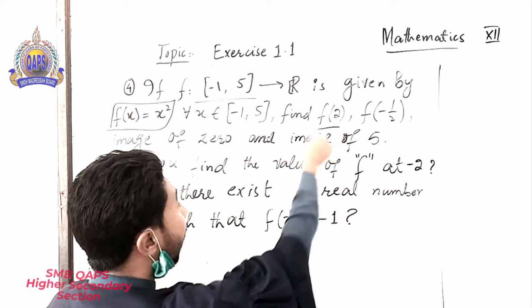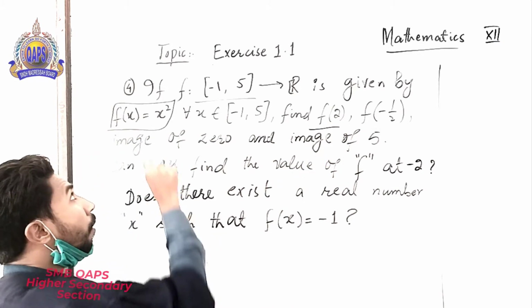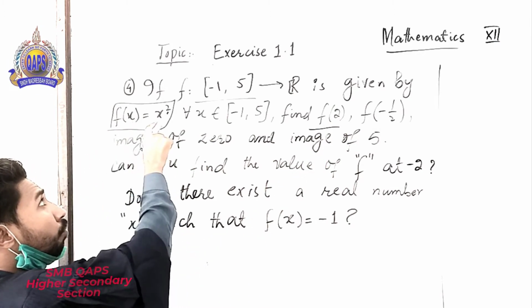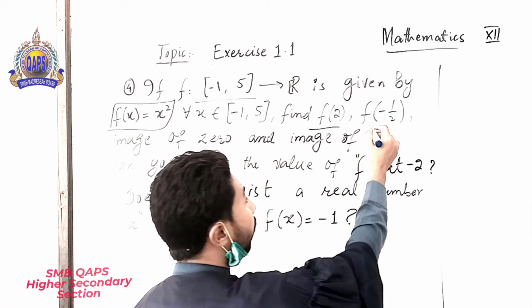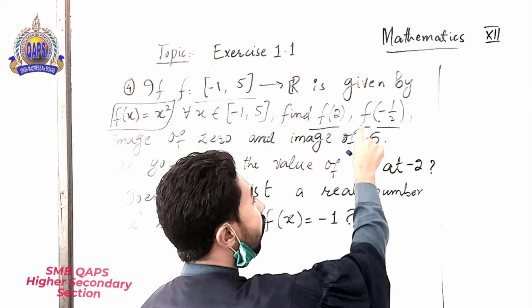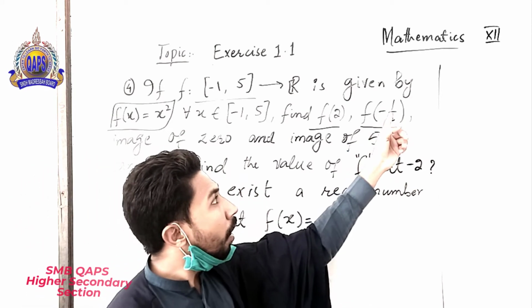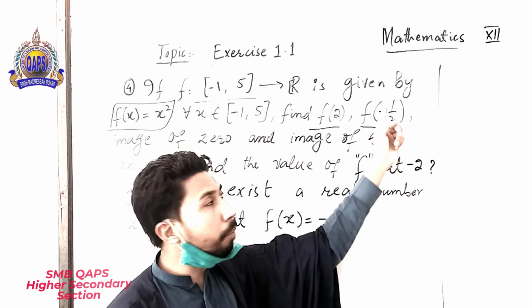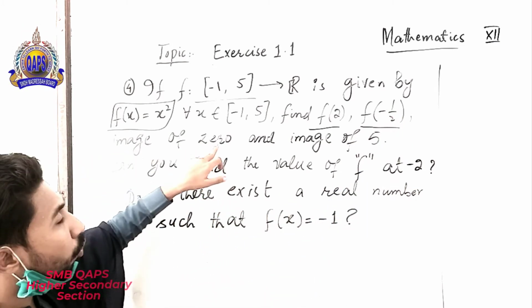When we put 2, what will the result be? Now the second point is f of -1 upon 2. So the second value of x is -1 upon 2, and third is the image of 0.